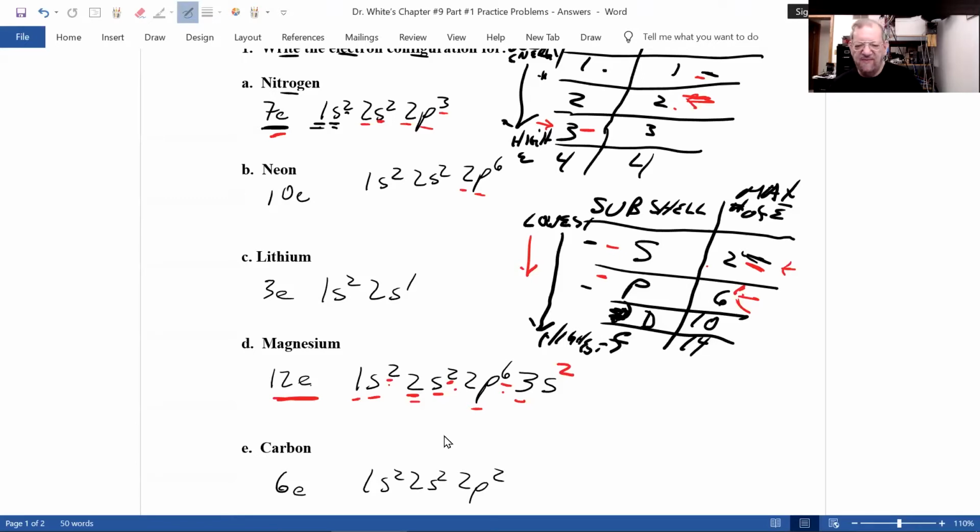I've rebooted. Next shell is 3. The first subshell in any shell is always s, and you call that 3s, and I can put in 2 electrons max, and that's what I have. And that's how you do that.